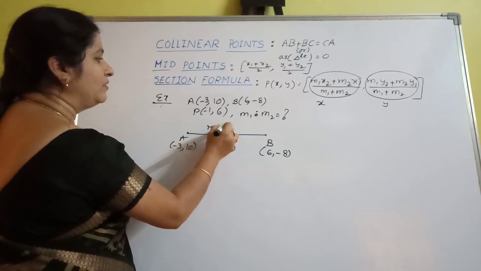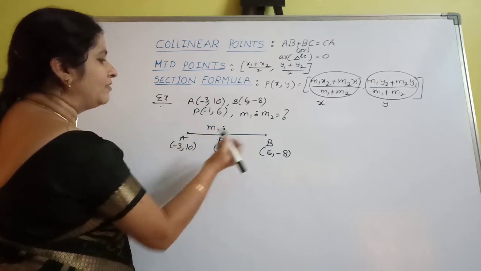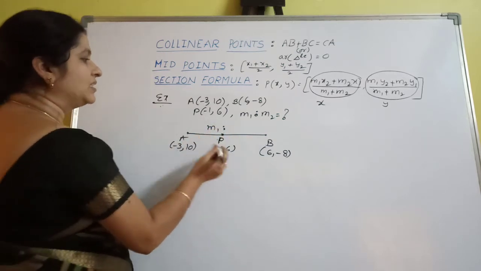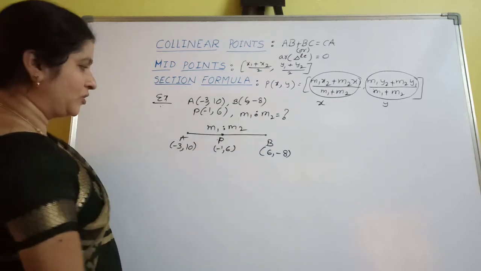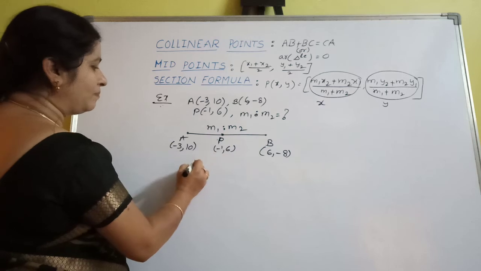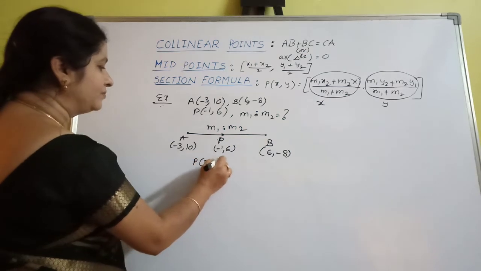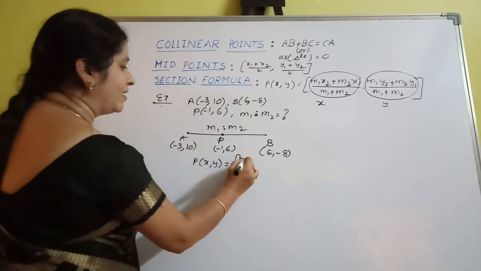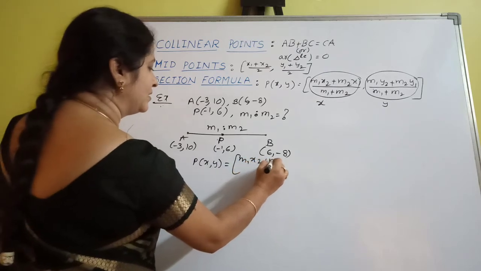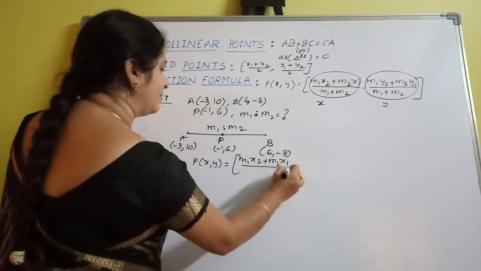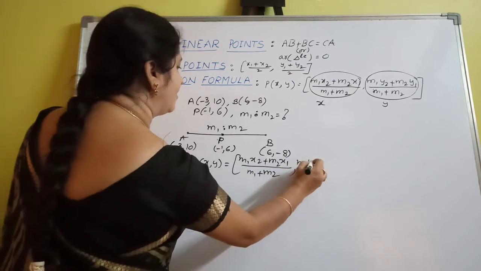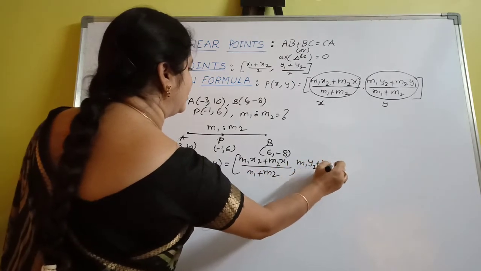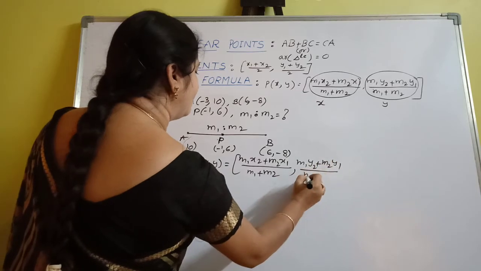Find the ratio in which the point divides the line segment. You have to find the ratio. So what is the formula? P(x, y) equal to m1 x2 plus m2 x1 by m1 plus m2, m1 y2 plus m2 y1 by m1 plus m2.